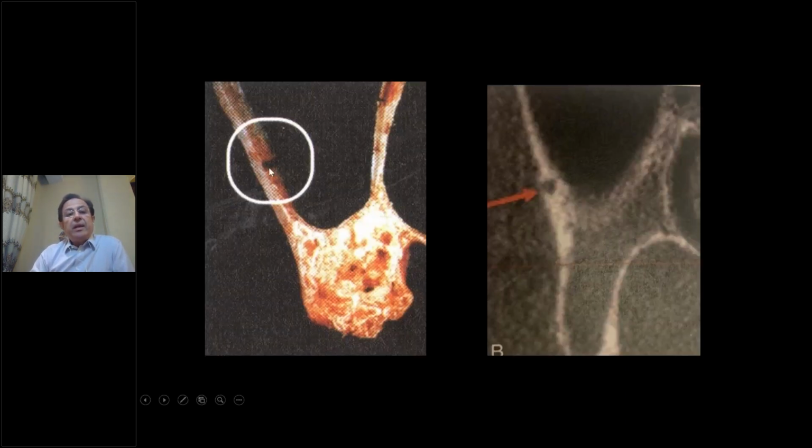You can see the intraosseous anastomosis in the bone and in the CT scan. So we must pay attention during the CBCT evaluation to whether there is any intraosseous anastomosis or not.